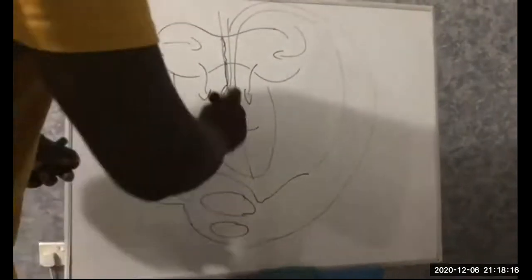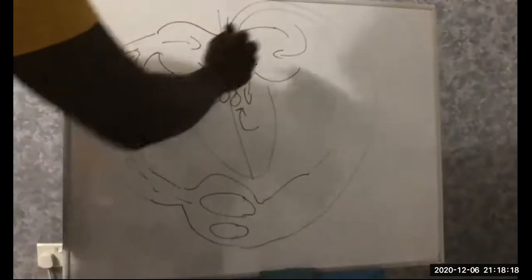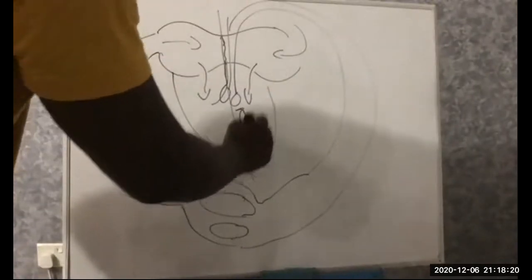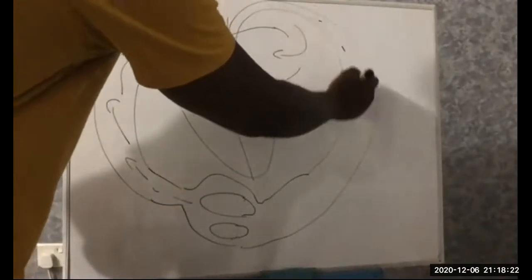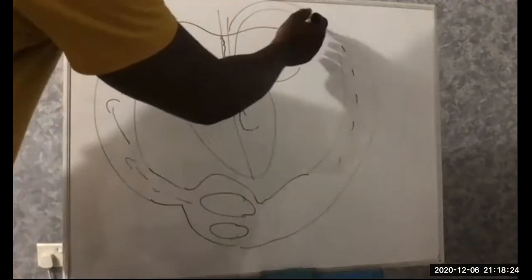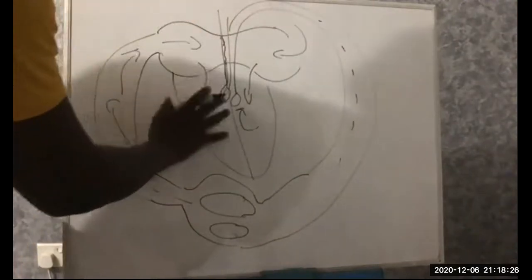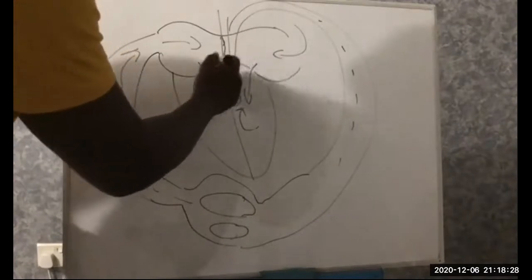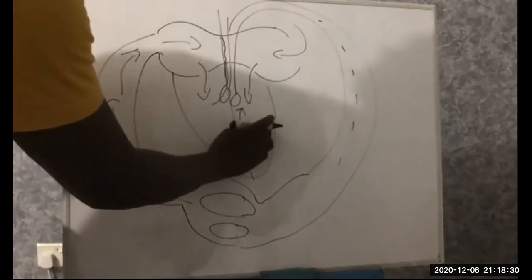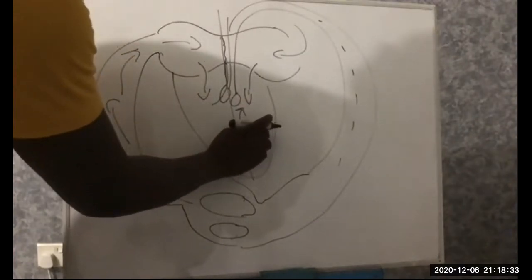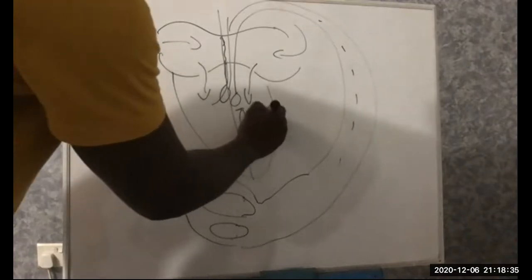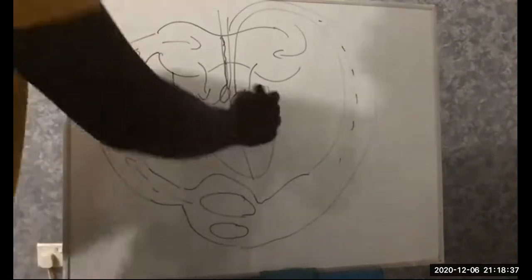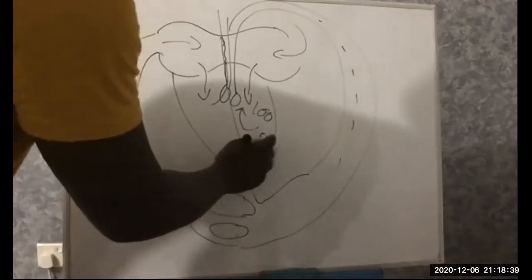So if the blood is returning, but when it gets here only a small amount is being pumped forward, what will happen? The blood that is coming will first start building up. So if this left heart receives 100 mL and is only able to pump 50, 50 is left.